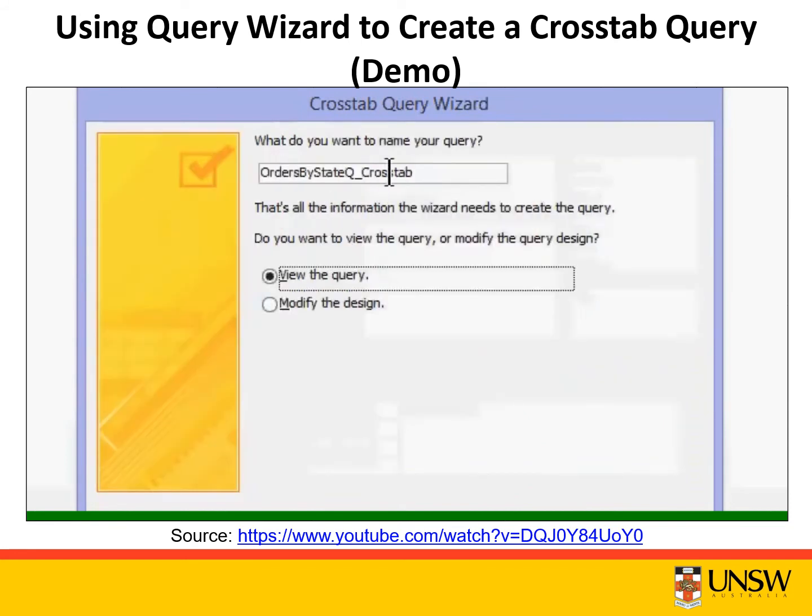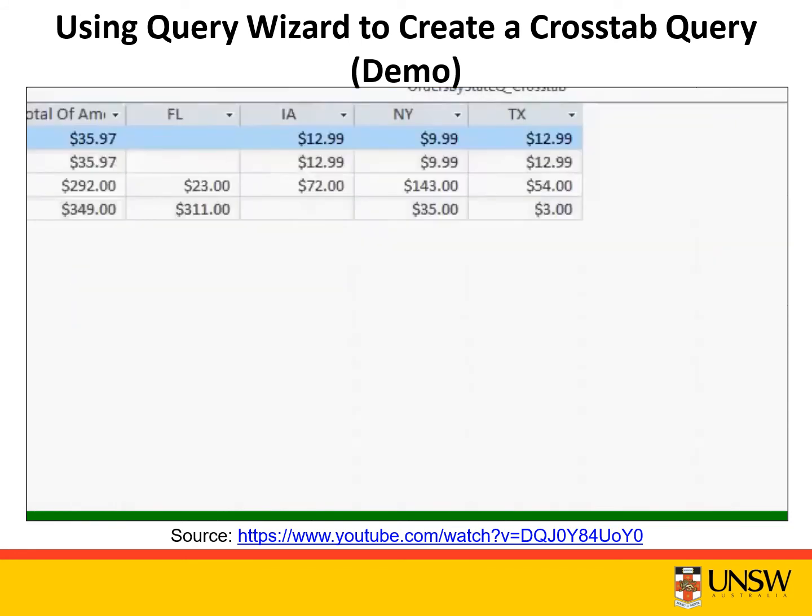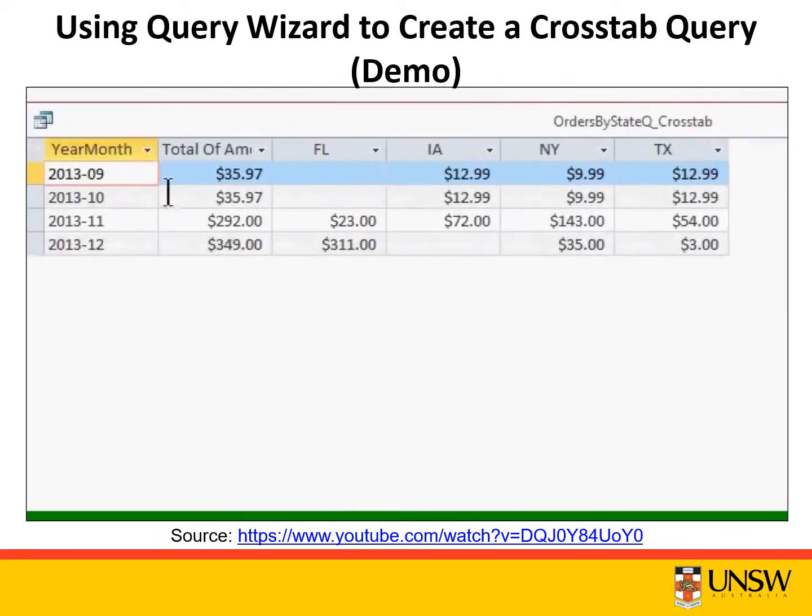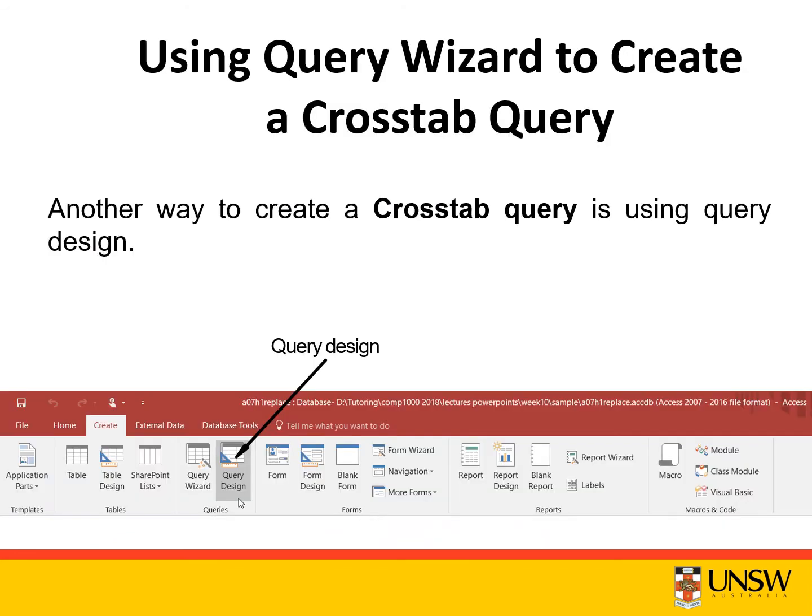I'll just keep that name for now, and then hit finish. And there we go. You can see it used my year month field that I created. Florida, Iowa, New York, Texas, the total, and you can see now how they're all grouped together based on this field. And that is how you create a simple crosstab query.